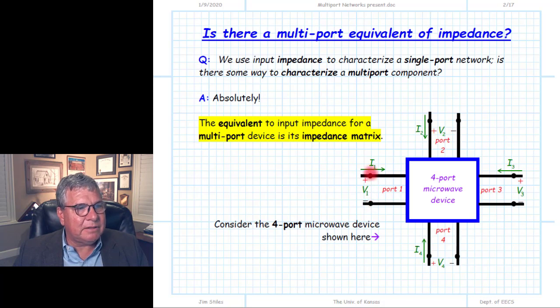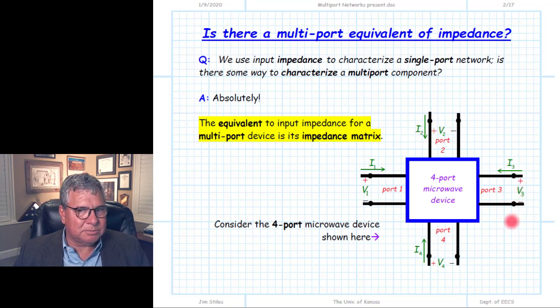And then we define the current flowing into the plus terminal, into the multiport device, as positive. So we have an arrow going in here, here, here, and here. Notice all 4 arrows are pointing into the multiport device, and they're pointing into the multiport device at the plus terminal for each of the voltages.